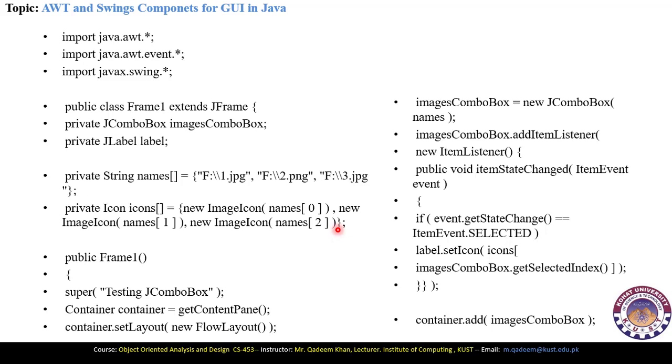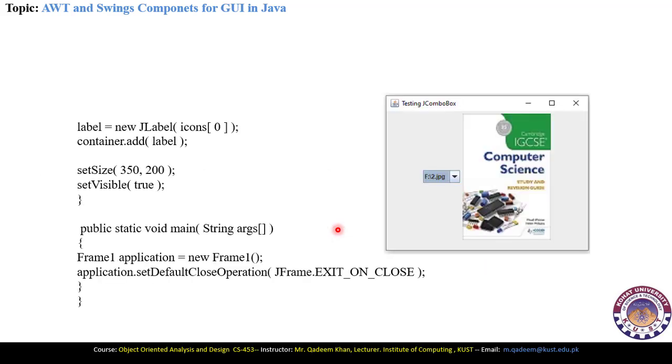Here is the example of the JComboBox. First we will explain the output. For example, in this JComboBox we are loading multiple pictures with the .jpg extension. So when you select a particular figure or image, then this image will be displayed here on the GUI.